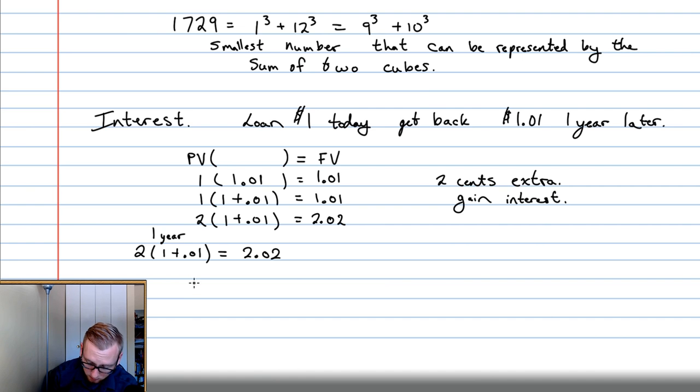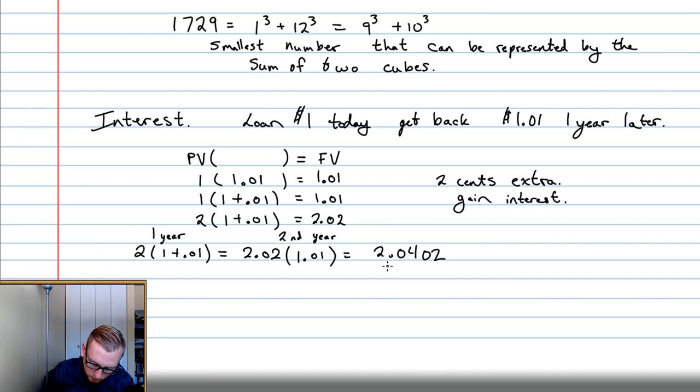And now we've got a second year. In the second year, we'd have that interest again, 1.01. Well, now what is the value? Well, 2.02 times 1.01 is 2.0402. So there's a little bit extra, but it doesn't really affect too much.